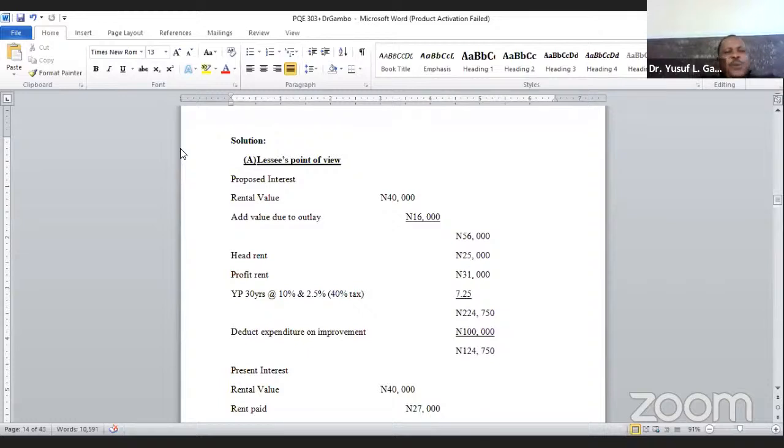Now we take up our YP. Can you see what we are saying? Now the YP, the leasehold rate, the yield now, the cumulative rate is 10%. Why is it 10%? Please, let it be interactive. Someone should tell me, why is it 10% here? Someone talk to me. You can unmute yourselves, all of you.